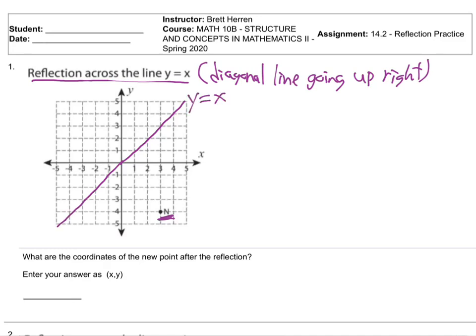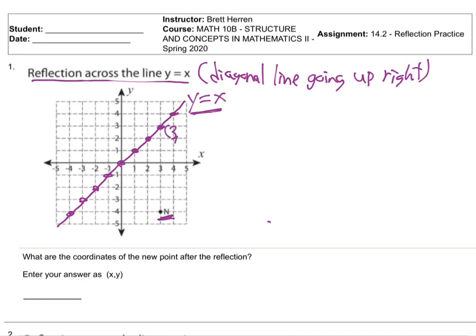You might remember that from algebra. On that line, this point is over 1, up 1, over 2, up 2, over 3, up 3, etc. All the y values equal the x values. So that's the line where all the x and y values are equal. That's the line y equals x, right?